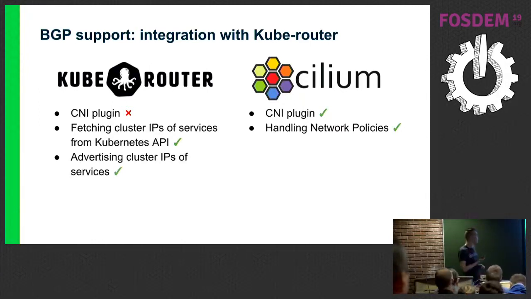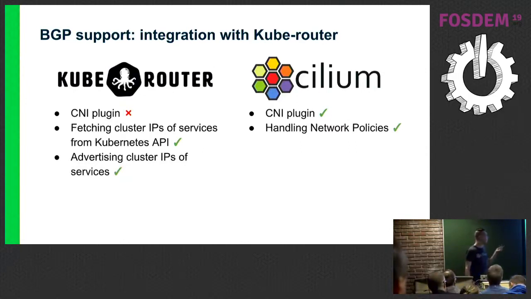But since the Cilium community had an idea to implement BGP support, in KubeRouter you can disable the CNI functionality and only run the functionality which watches for service IPs in Kubernetes and advertises them in the BGP routing table.